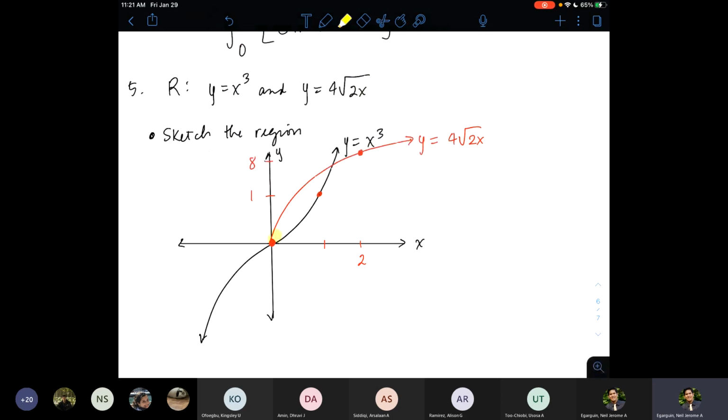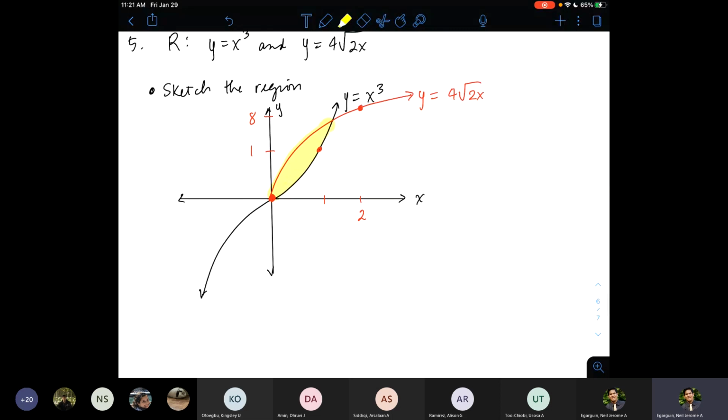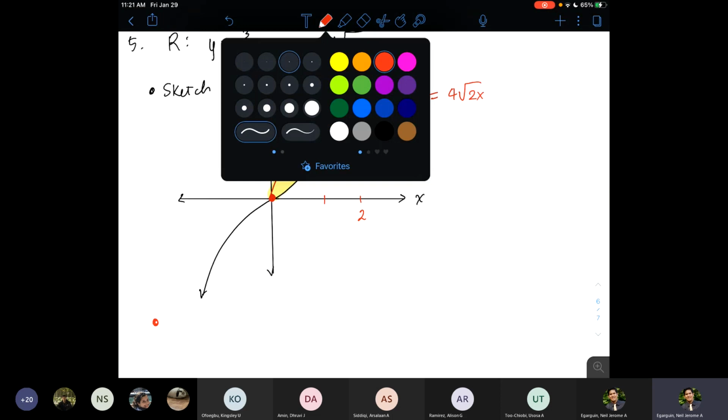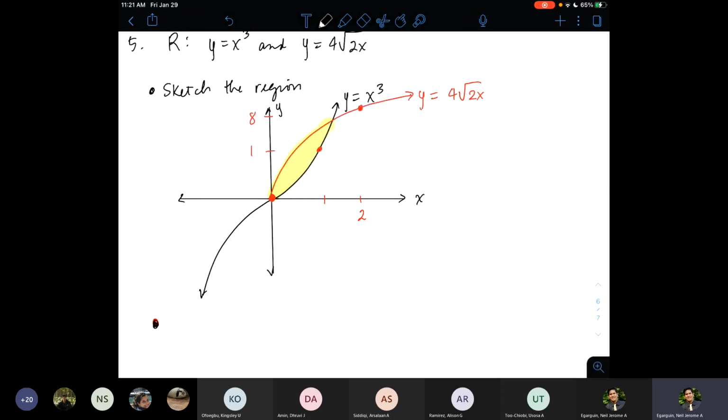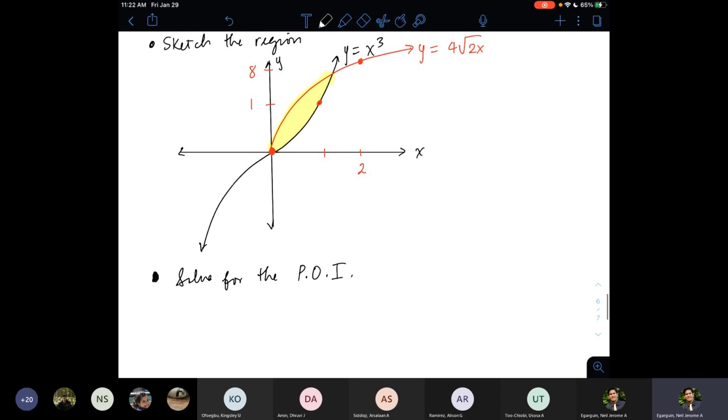Let me shade it by yellow, and I want to get its area, okay? Now let's try using both strips. But before that, I need to find the points of intersection. I'll need to solve for the points of intersection. And again, I can do that by simply equating the two functions together.